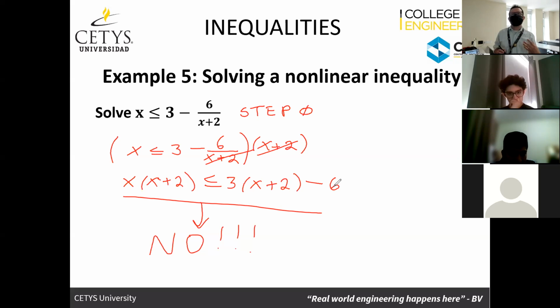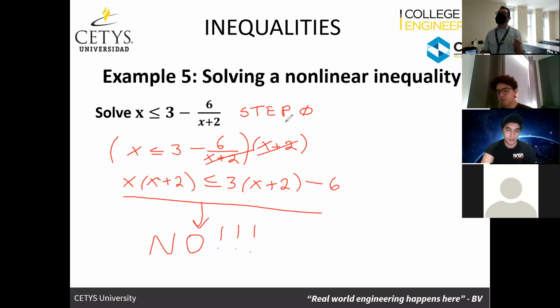Okay, so Miguel, a question. Are you there, Miguel? Yeah, I'm here. Oh, hi, Miguel. A question for you: do you know the value of X? No, right? Do you know if X is positive or negative?